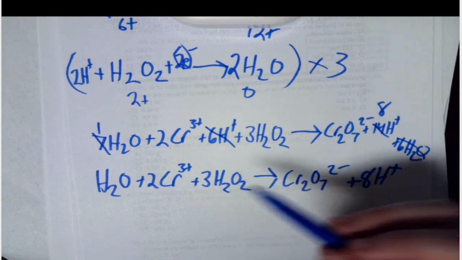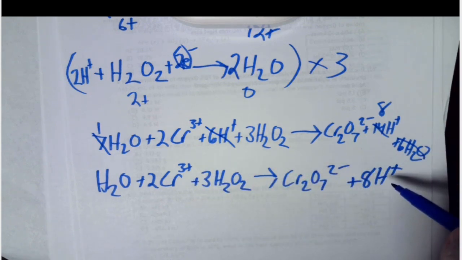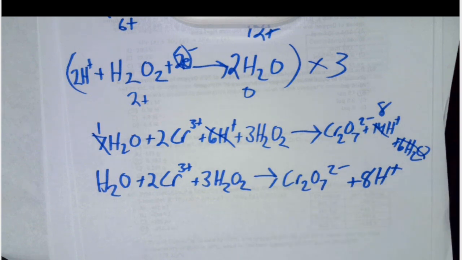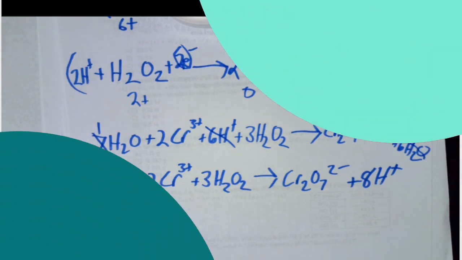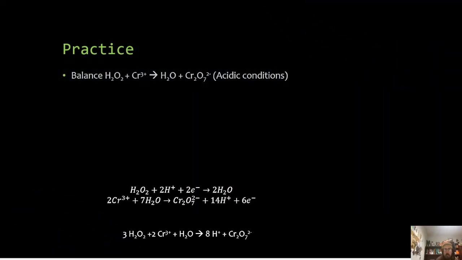Total charge, 6 plus, 2 minus, and 8 plus is 6 plus. Everything is balanced. It may be a weird situation, but it is fully balanced. So that is our net reaction there.